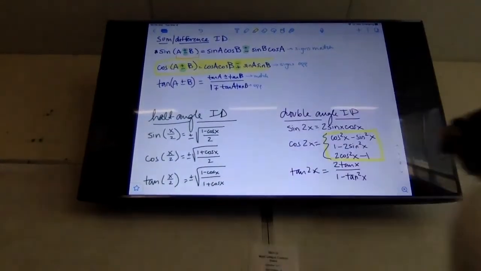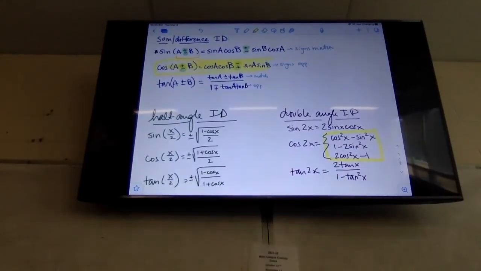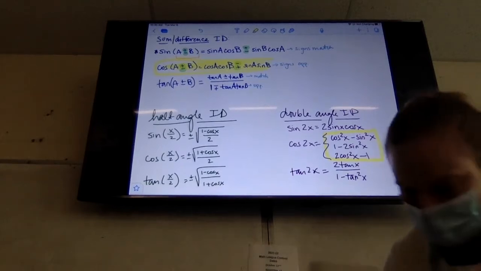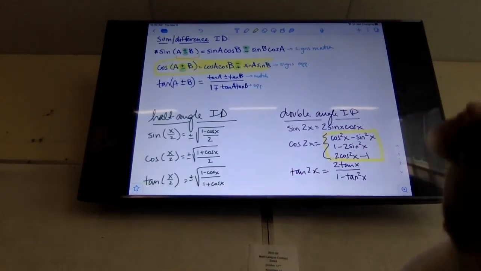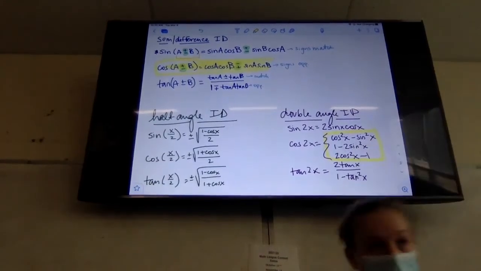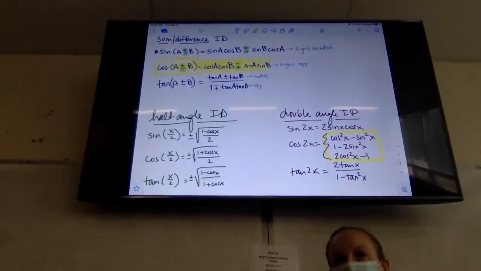Make sure you have those written down or take a picture of them. I understand we don't quite know what to do with these yet, but does anyone have any questions?